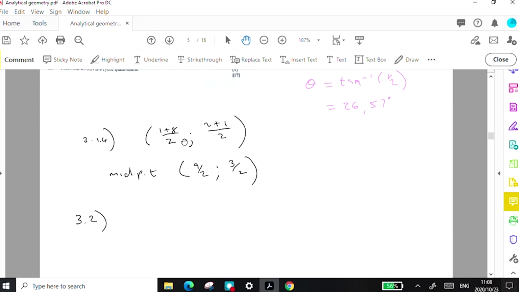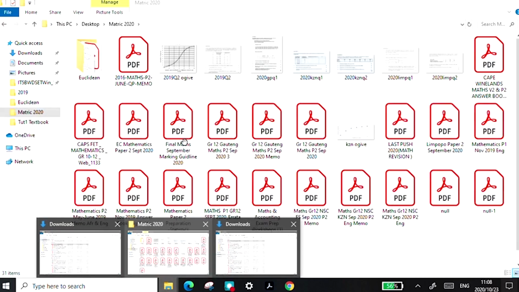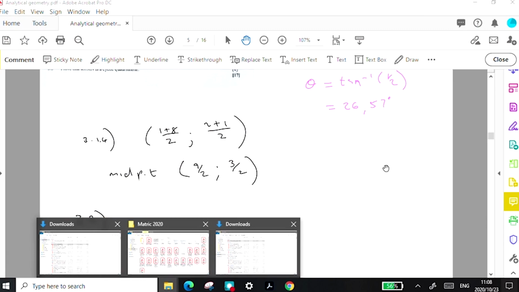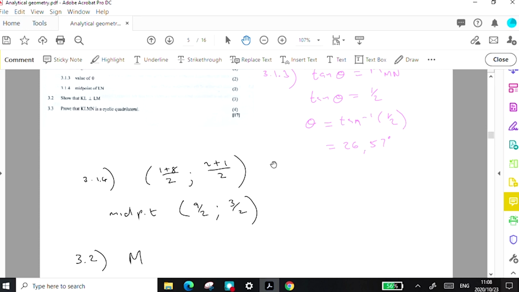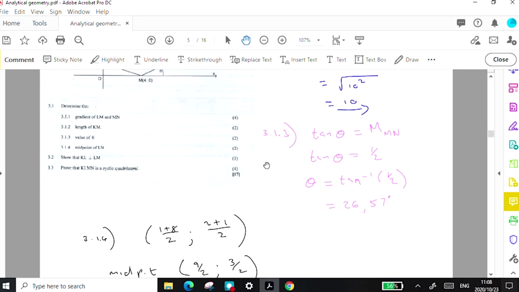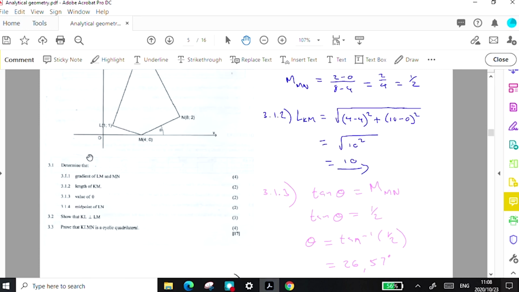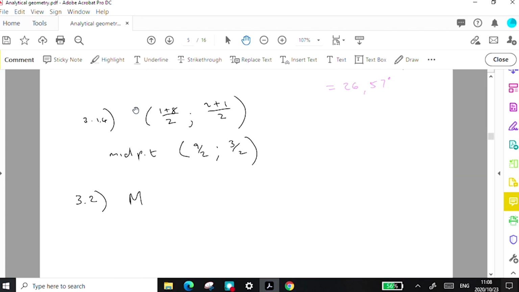So we're looking for the gradient of LK.